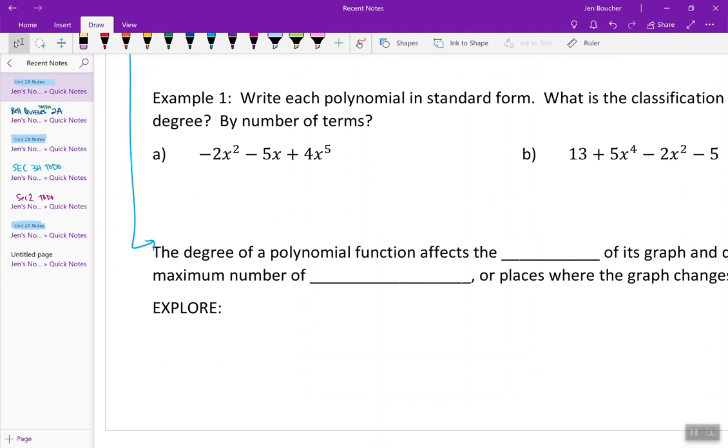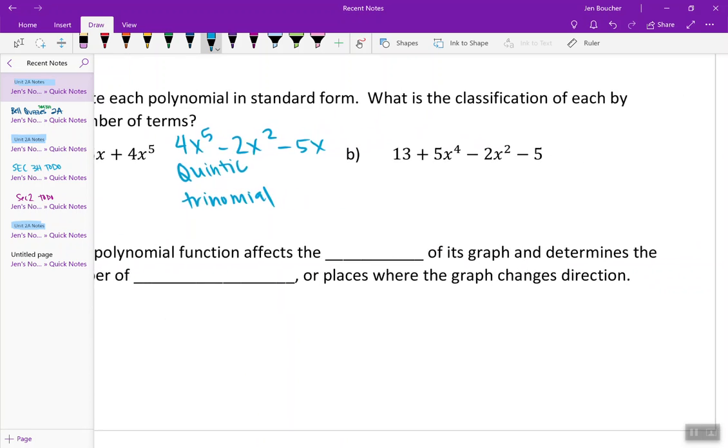On example one, if I were to write that in standard form, which term would come first? And then minus 2x squared minus 5x. Because it's a degree 5, we're going to say it's quintic. And there's 3 terms. Trinomial. Quintic trinomial.